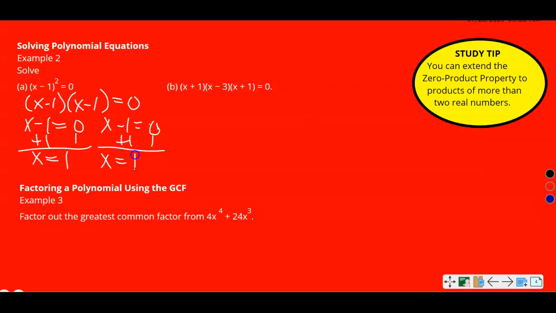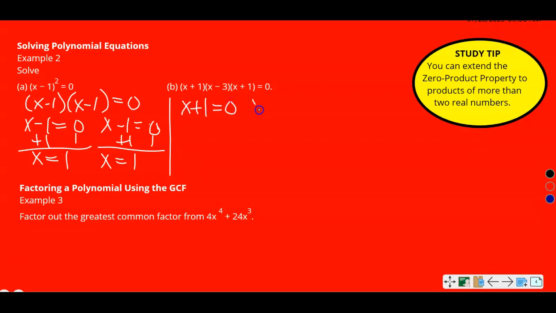And as you can see, you're going to get x equals 1 or x equals 1, which means the equation has a repeated root at x equals 1. All right, B part, you've got x plus 1, x minus 3, and x plus 1 equals 0. So again, you can use the zero product property. Even though there are 3 binomials here, you still do the exact same thing.